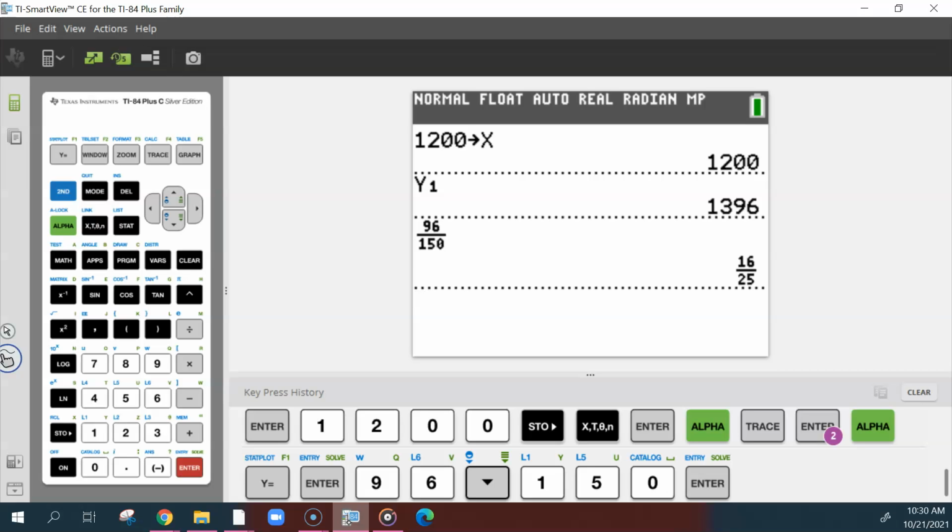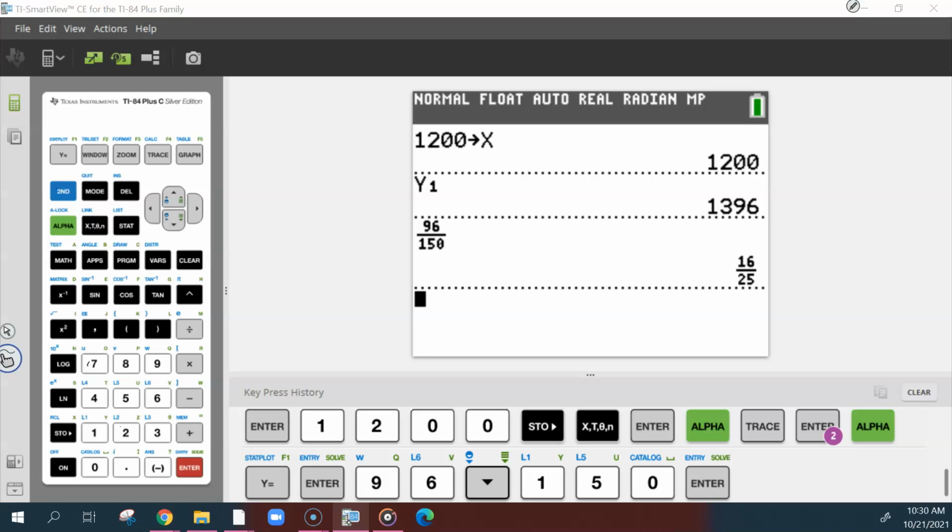So if you're all done, probably grab your calculator. I'm going to reset my calculator just so anything that was already in there is now gone.